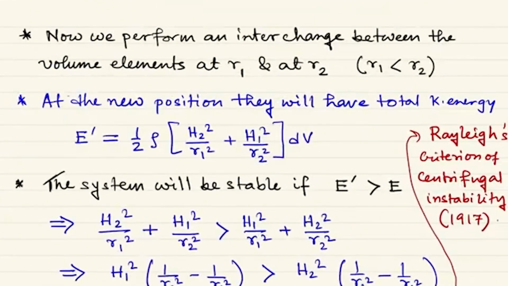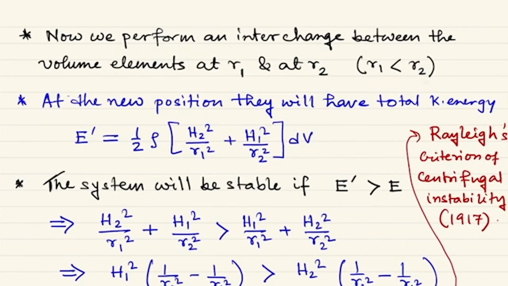Now we make an interchange of those two fluid elements. We pick the fluid element which was at R1 and put it at R2, and the one which was at R2 is put at R1, where R1 is less than R2, in case you forget.